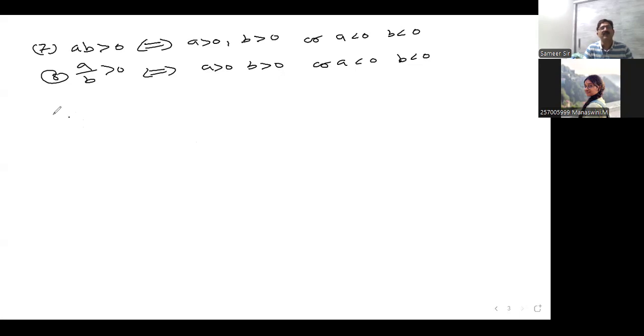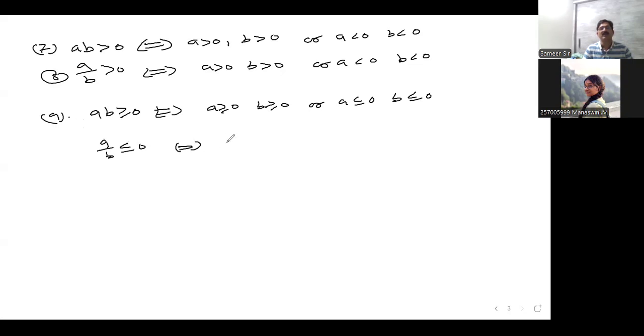Suppose I write here AB is greater than or equal to 0, then the story is a little different. A is greater than 0 and B greater than or equal to 0, you can write. A less than or equal to 0, B less than or equal to 0, you can write. But this is not the same as this one. If I write less than or equal to, there is a small change.